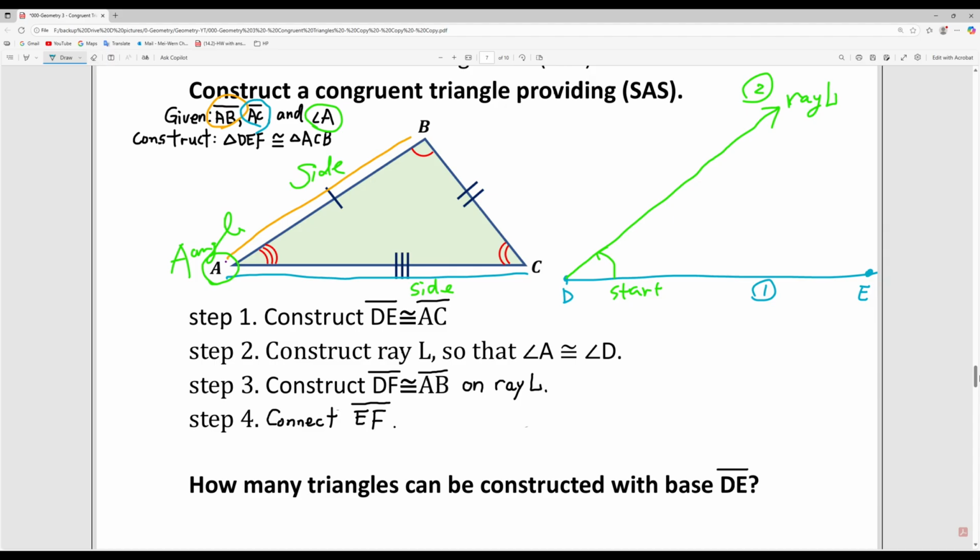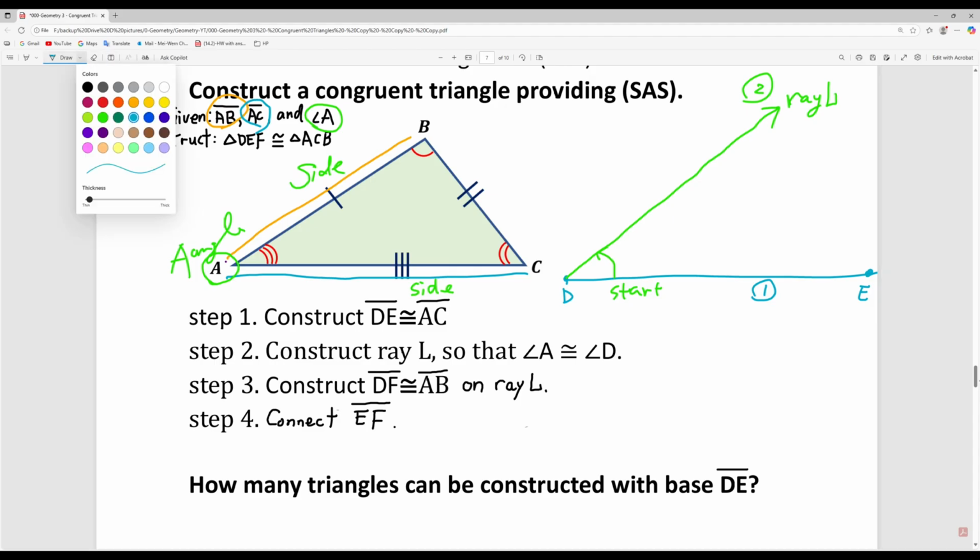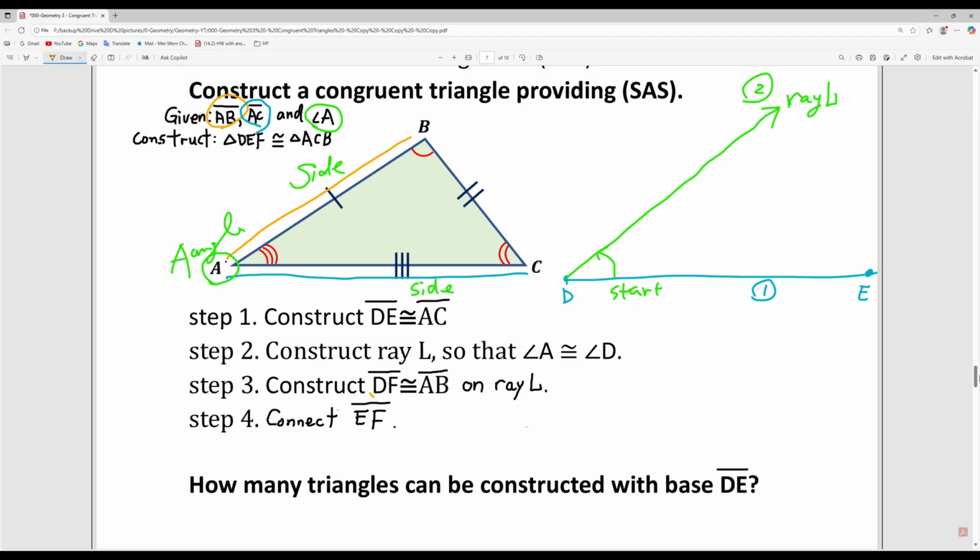And then step 3, we use this color. Step 3, we want to construct DF equals to AB. So DF equals to AB about here. DF. Okay, so that's step 3.